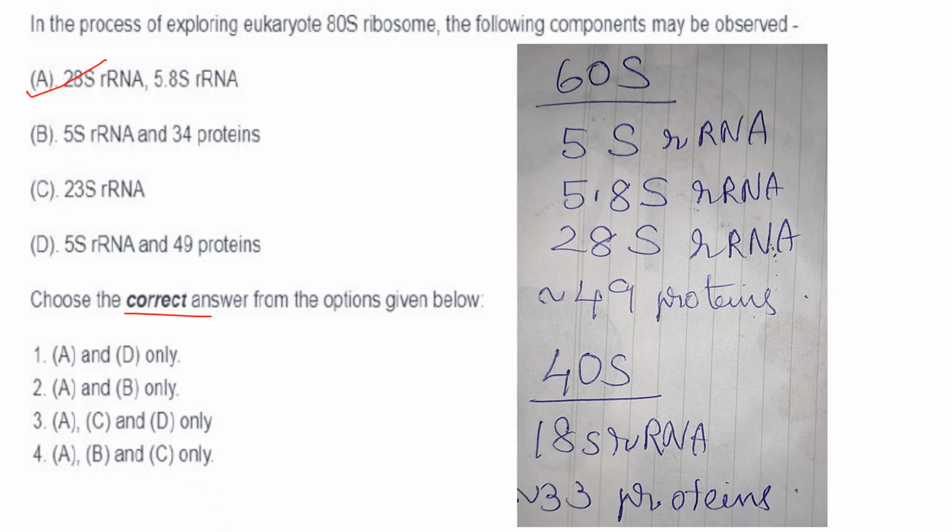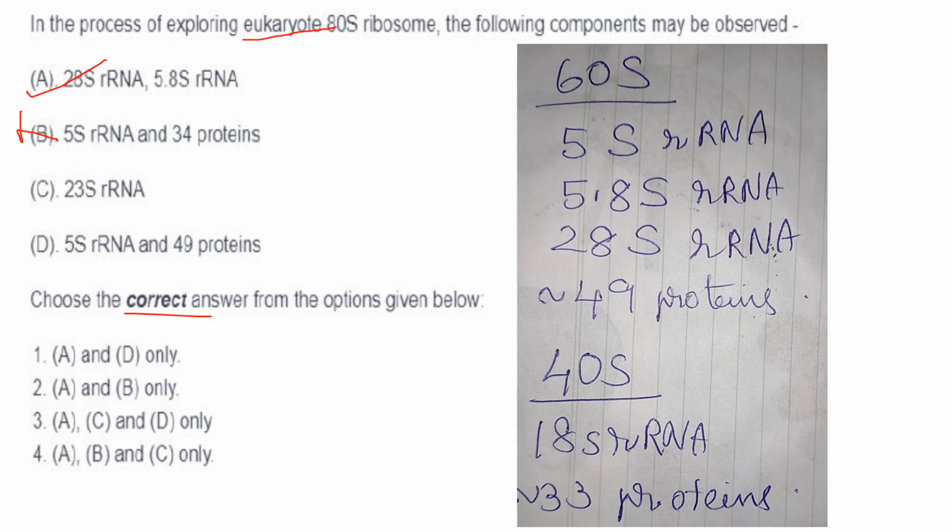B, 5S rRNA and 34 proteins. 5S rRNA is there in the 60S subunit and it has 49 proteins, not 34 proteins, so B is wrong. 23S rRNA is found in prokaryotic ribosomes, that is in the large subunit, the 50S subunit of your prokaryotic ribosome. It is not there in eukaryotes. Here the question is for eukaryotes.